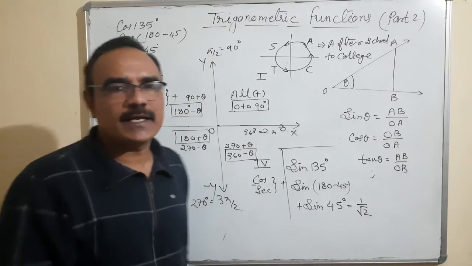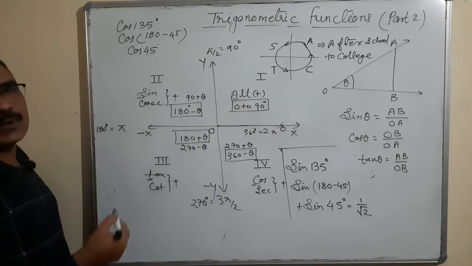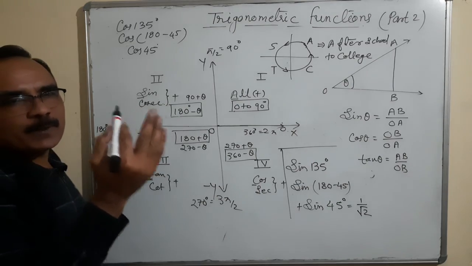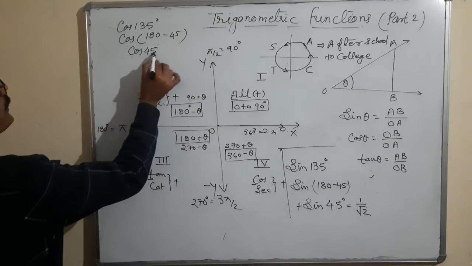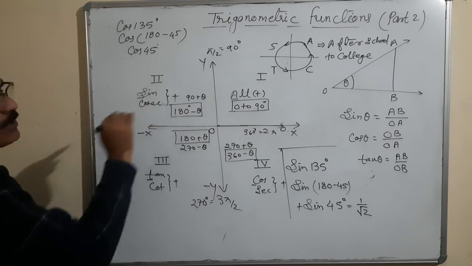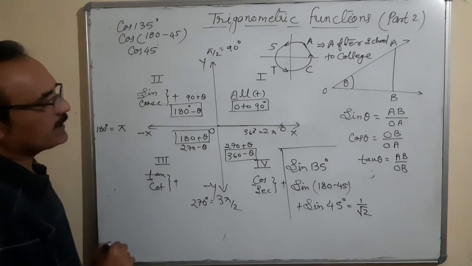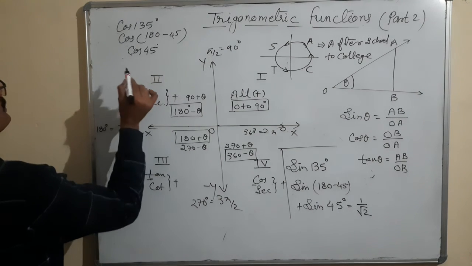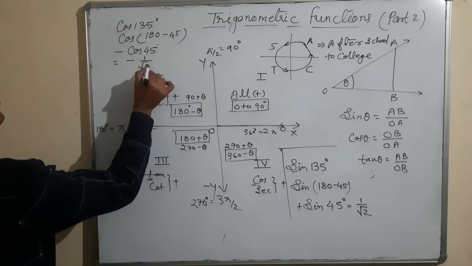It will change only in 90 and 270, because in 90 and 270 the perpendicular and adjacent sides are exchanged. So cos 45. Which sign comes here? The second quadrant has a plus sign only with sine and cosec, so cos is minus. The value is minus 1 upon root 2.